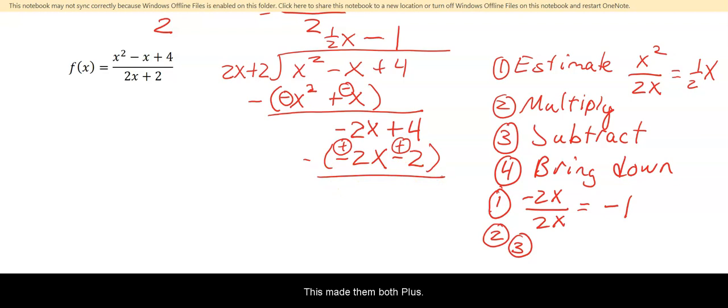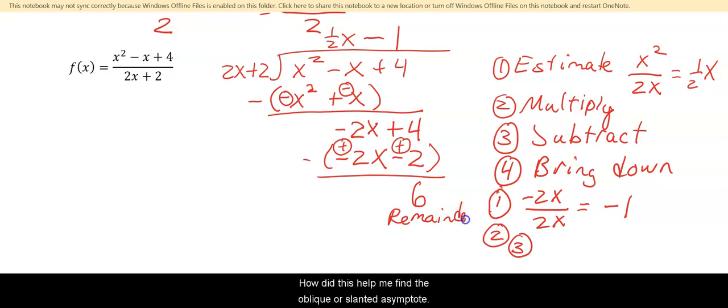This made them both plus. Negative 2x plus 2x is 0. 4 plus 2 is 6. 6 is a constant, which has degree 0, which is smaller than degree 1, which is what 2x has. This becomes my remainder. Now that I'm done, how did this help me find the oblique or slanted asymptote?